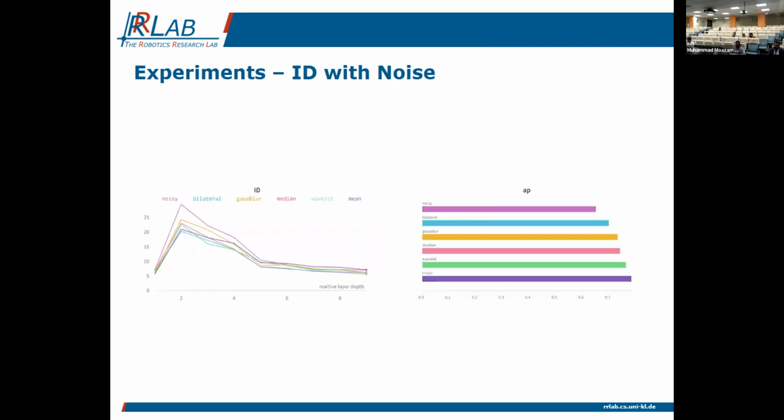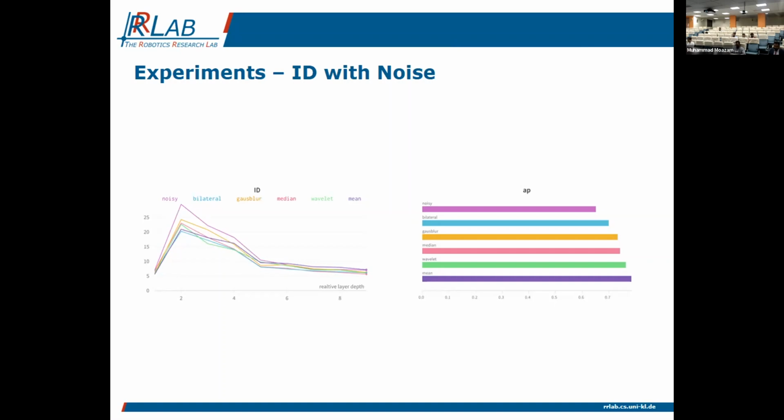And we can see here that the wavelet filter and the bilateral filter produce the lowest intrinsic dimension, which is the best for us because, remember, the lower the dimension, the better our theoretical capability of classifying things, the less complicated the data set is.